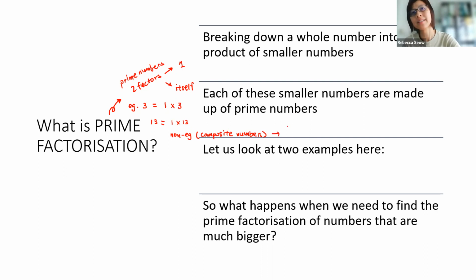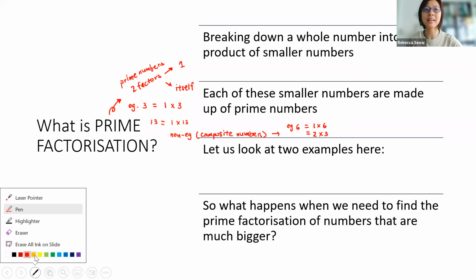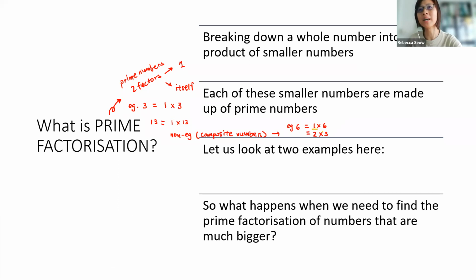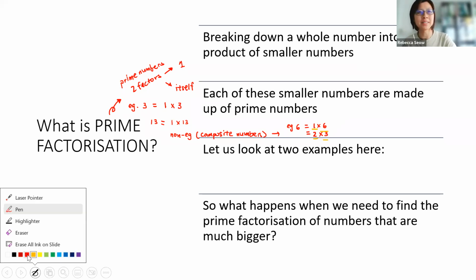So if we look at the number 6, 6 can be broken down into 1 multiplied by 6, and it can be broken down into 2 multiplied by 3. So essentially, the number 6 can be broken down into 1, 2, 3, 6, 4 factors. So it is not prime, it's composite.